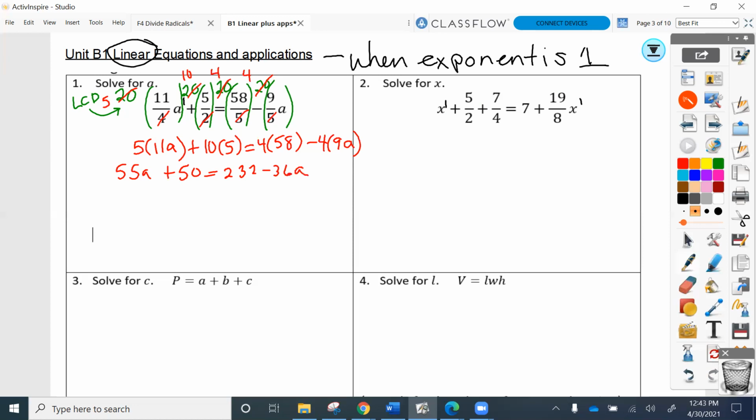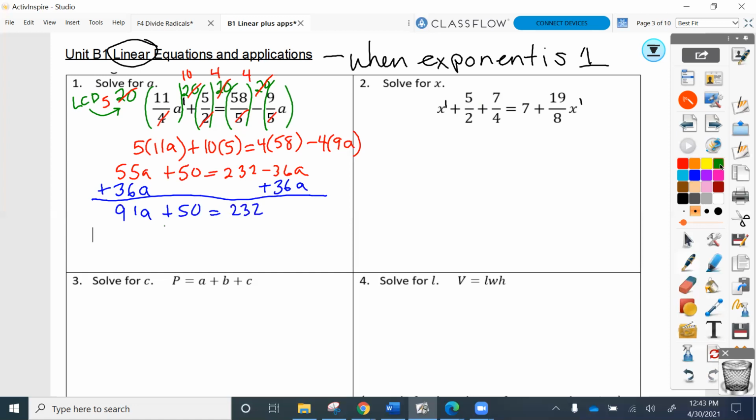Now in this problem, we've got variables on both sides of the equation. So we're going to first collect the variables to one side. So I'm going to bring 36A to the other side. So I've got 91A plus 50 equals 232.